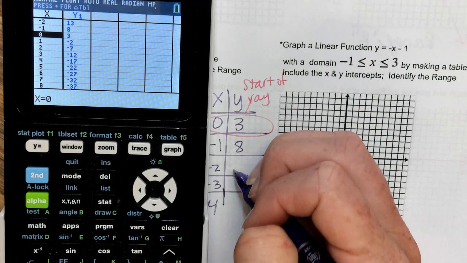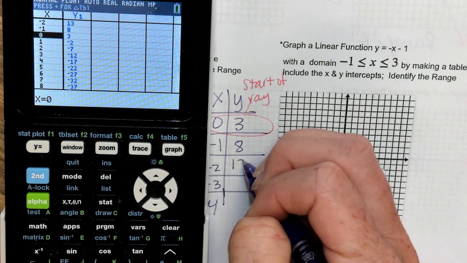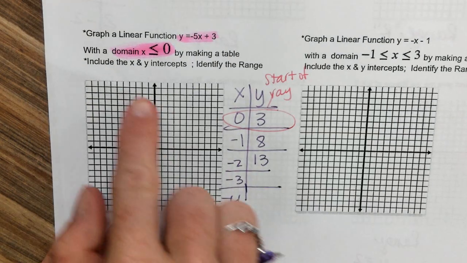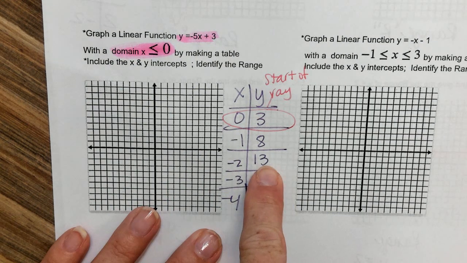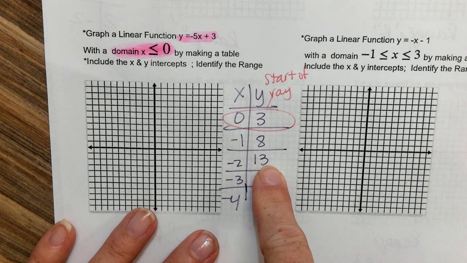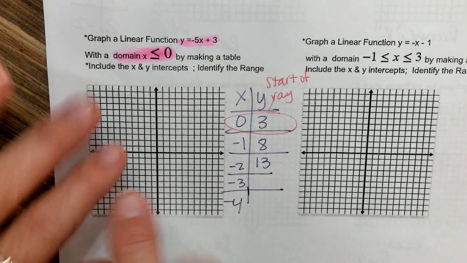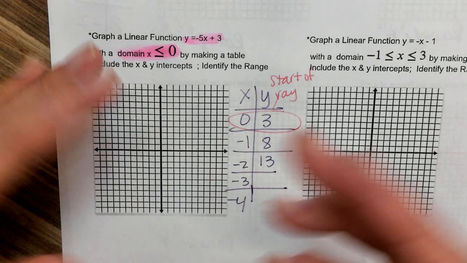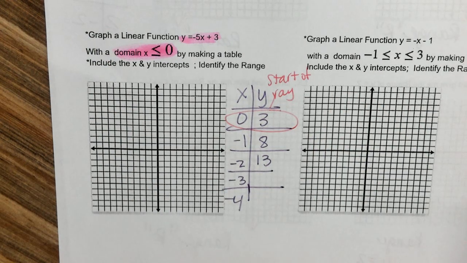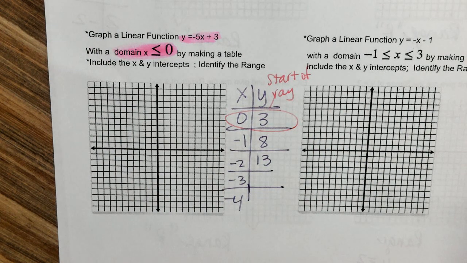When x is -2, y is... Let's think for a minute. Does this graph go up to 13? So am I even going to be able to plot that point on this particular graph? So can I just stop? I'm only going to fit 2 dots. Is 2 dots enough? Yes. Now if my graph was bigger, I could graph more, but it's not.